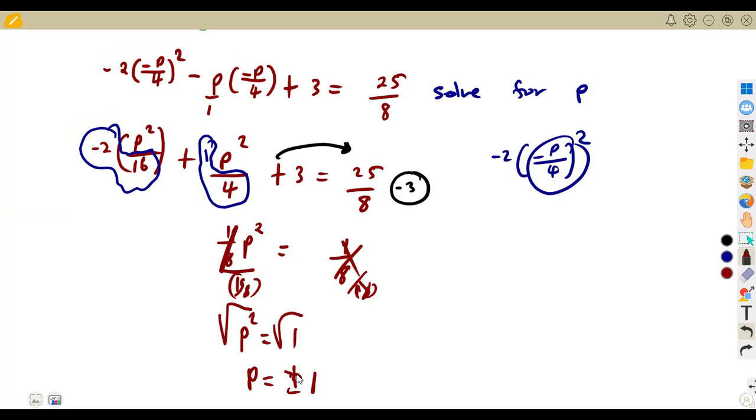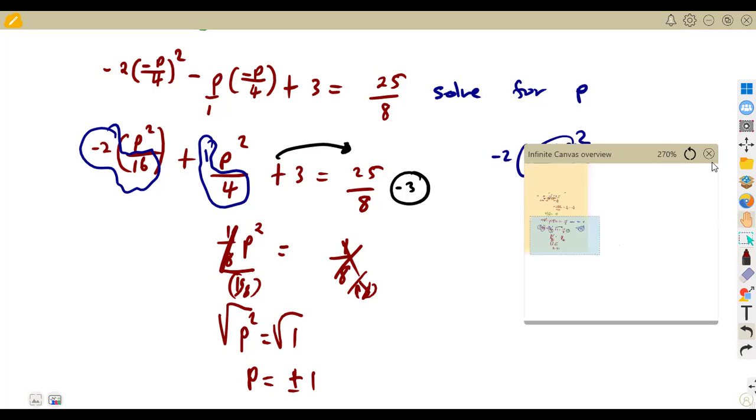So p is going to be plus or minus 1. All right, so this is going to be the value of p, plus or minus 1. These are the possible values of p that will satisfy the condition that we are given there.